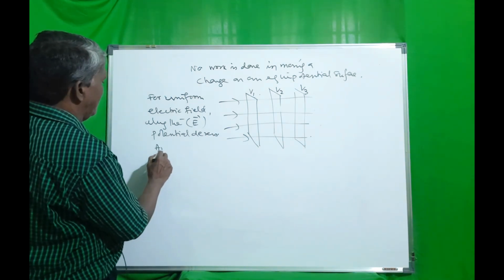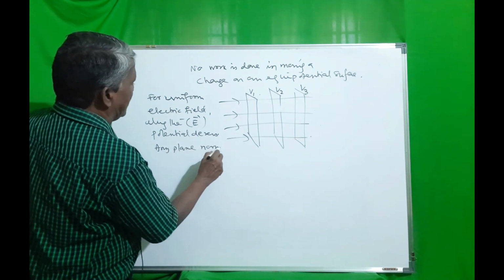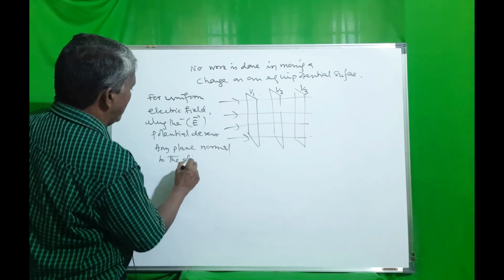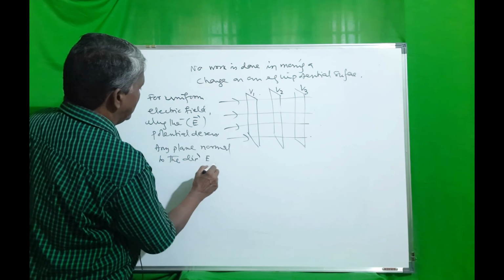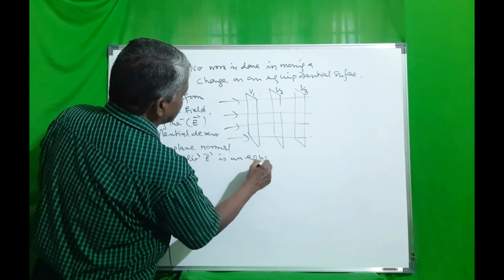Any plane normal to the direction of field E is an equipotential surface.